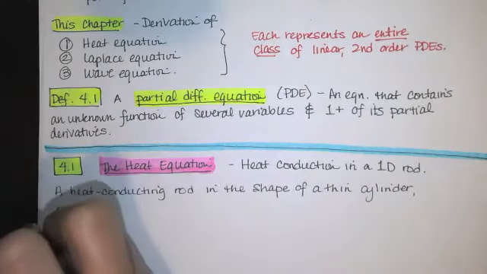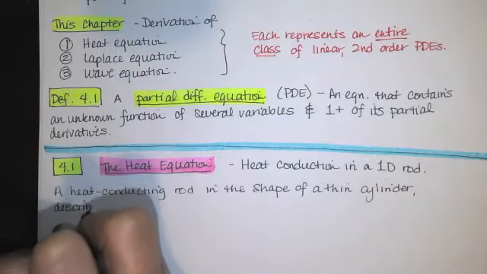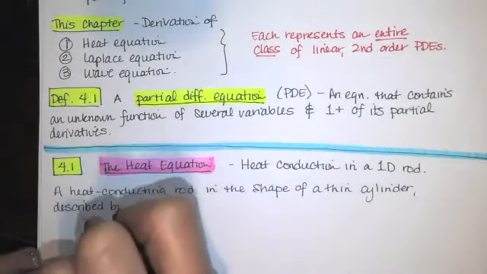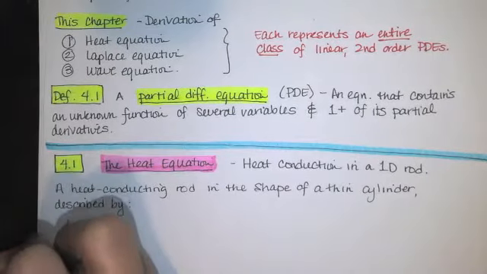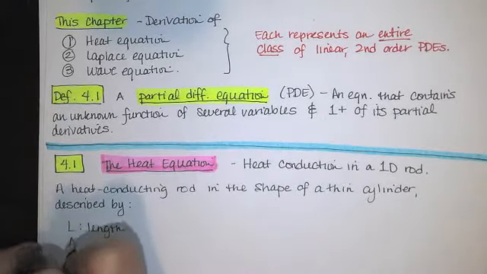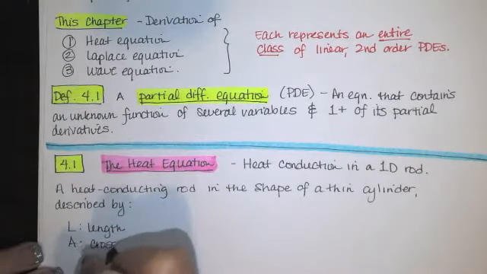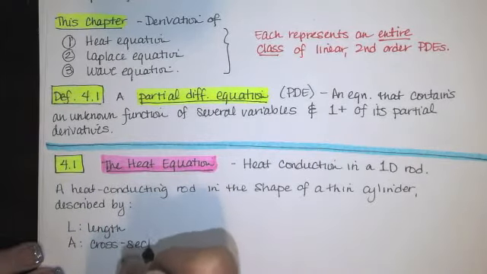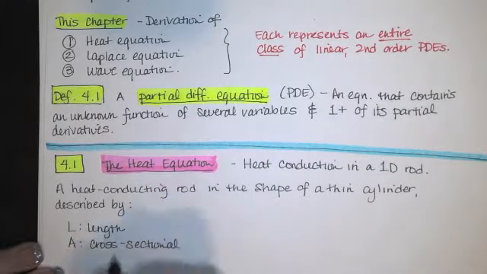And it's described by the following physical parameters. L is its length. A is its cross-sectional area. And we'll assume that that's constant.